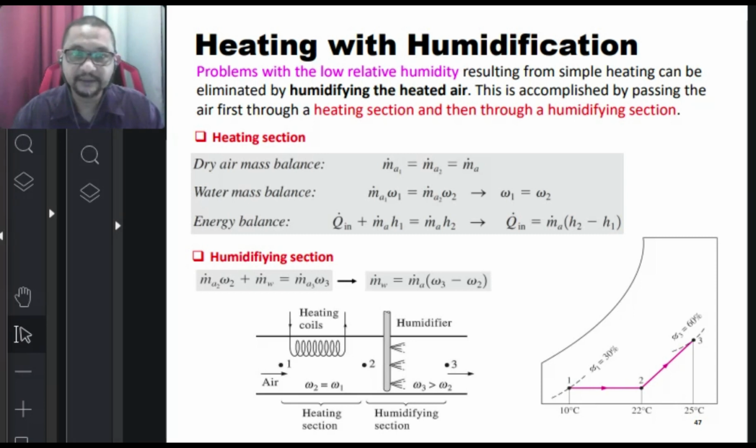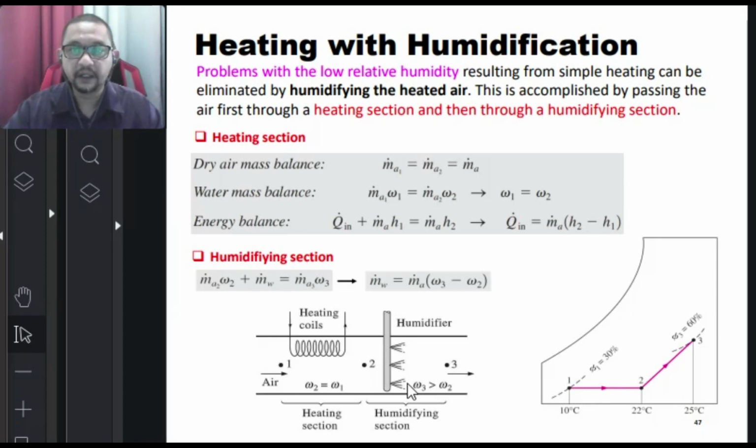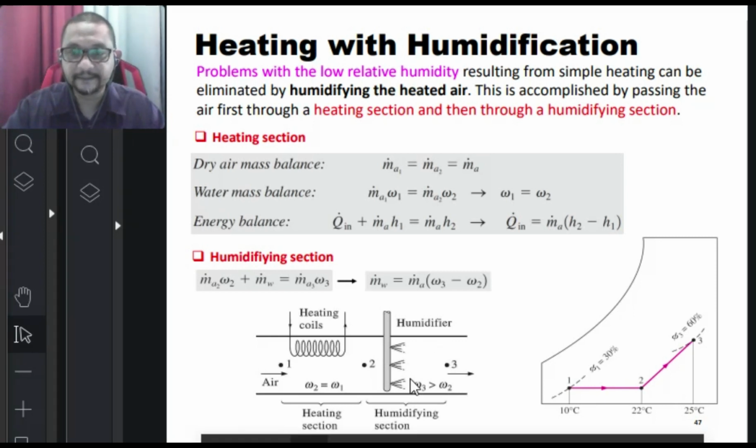As you see in the diagram below, this is the heating section, where state 1 is before heating and state 2 is after heating with the heating coil. Then at state 3, this is the humidifier, where we add more moisture.